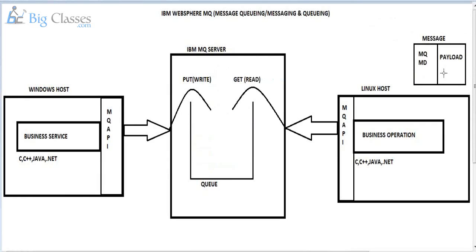IBM MQ server supports once and only once delivery and guaranteed delivery. Remember, the MQ server's major operations are put and get. An application puts data, an application gets data.